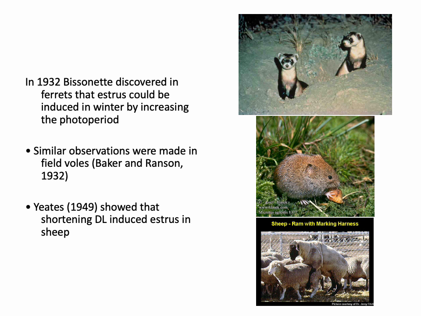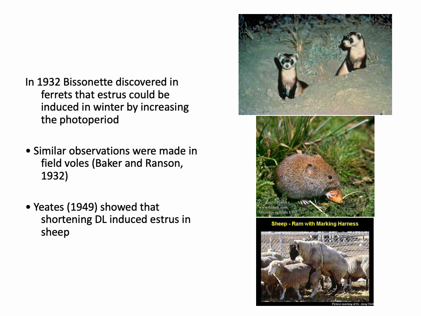So in 1932, Bissonnette discovered in ferrets that their estrus cycle could be induced in winter by artificially increasing their photoperiod, which is their day length. So how much light they're exposed to in a 24-hour period.